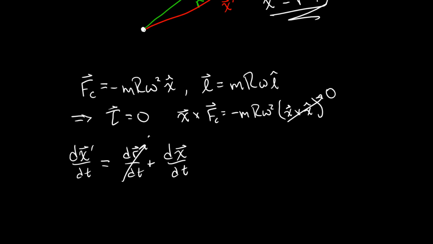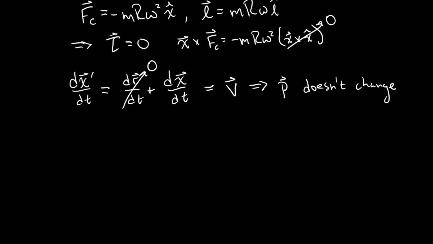I know that r is a constant vector, so this is just the same velocity, which means my momentum vector doesn't change. We already said that under shifts of origin, momentum doesn't change. So that's good.